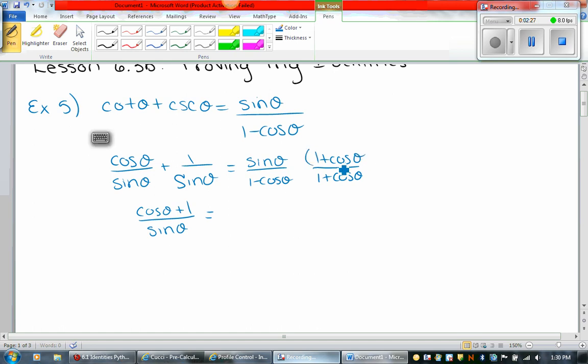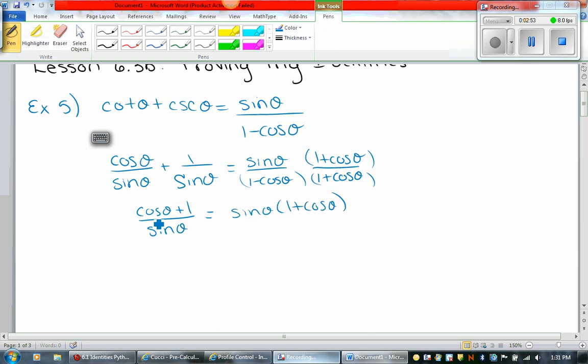Okay? So when we do that, in the numerator, we wind up with sine theta plus sine theta cosine theta. Or, even better, let's wait here. Let's keep that numerator and just look at the denominator to start.